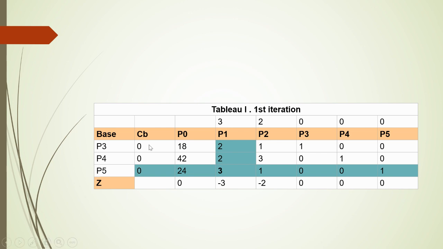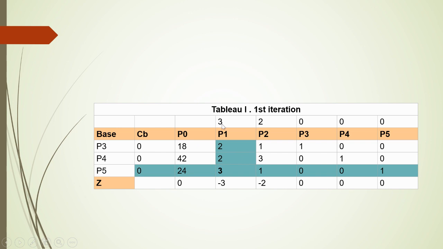And this is Zj and this is Cj. 0 into 2 plus 0 into 2 plus 0 into 3 is 0. So 3 minus, see, this is Cj, this is Zj.